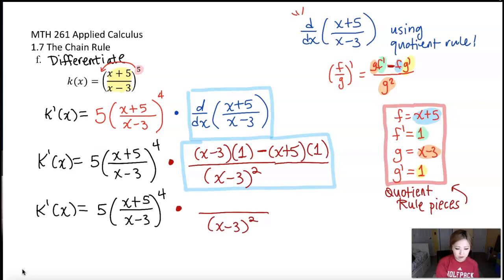The numerator, if I'm focusing on this, I'm just distributing by 1, so that doesn't change anything. This is still distributing by 1, so that doesn't change anything. But the second binomial is getting subtracted. So I will distribute the negative to x plus 5. So what will we get? We will get x minus 3 minus x minus 5.